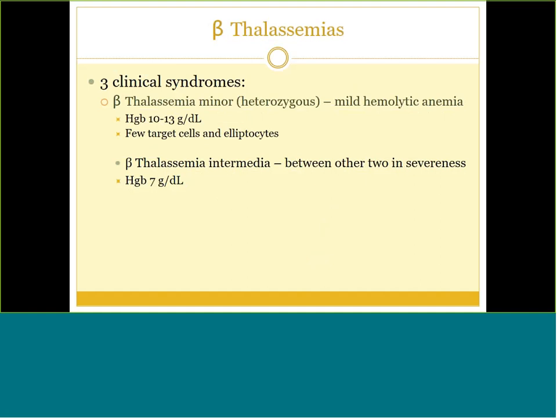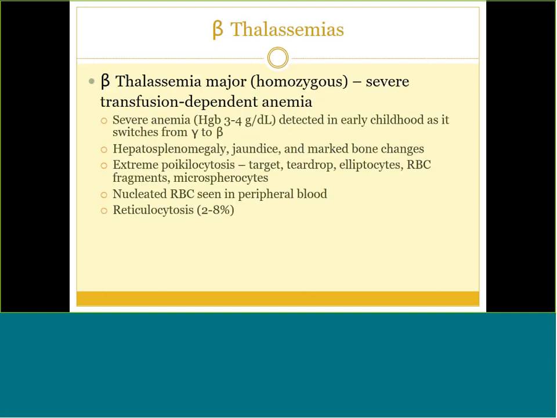There are some target cells and some elliptocytes. You're going to see, again, target cells throughout on these. Beta thalassemia intermedia is just kind of the next step down, a little bit more significant, in about a hemoglobin of 7, and then you have your big bad homozygous form of the disease called beta thalassemia major. Very severe anemia. It's often transfusion dependent.